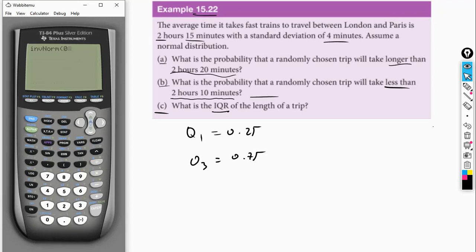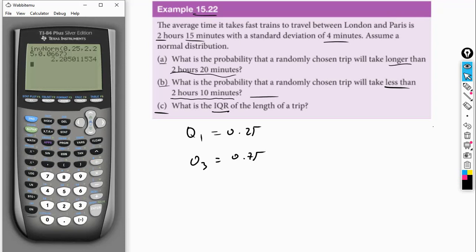So 0.25, then a comma. We need the mean, and we said that the mean is 2.25 hours. So 2.25, then the standard deviation, which we said is 0.0667.